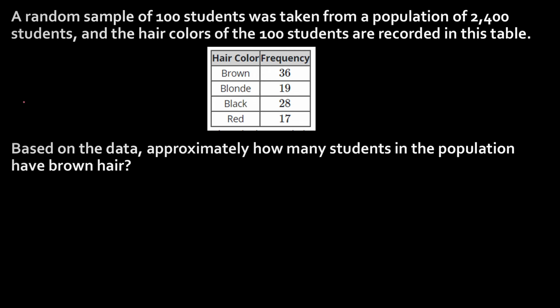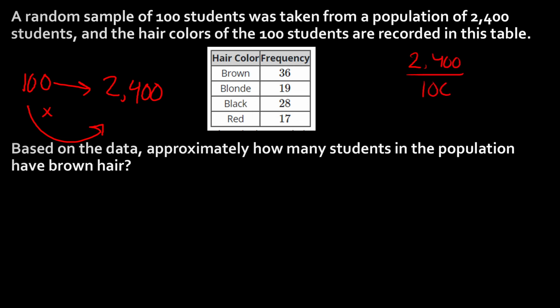We are going from 100, which is how many people were polled, to 2,400 people. So I need to think, 100 times what number is going to give me 2,400? If you don't know, you can always divide them: bigger number on top, divided by smaller number. These zeros cancel, and I'm left with 24.